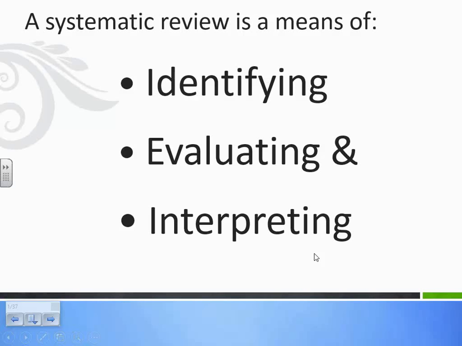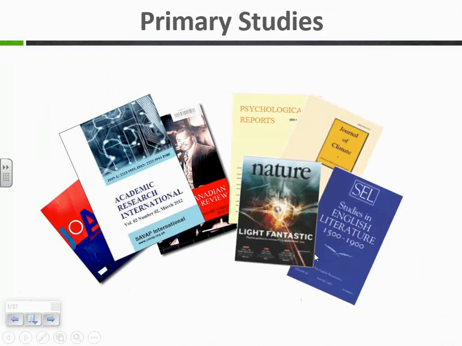Individual studies contributing to a systematic literature review are called primary studies. And the systematic literature review, once you've conducted it, is actually considered to be a secondary study, because you're looking at the primary studies. It is important to include primary studies of academic quality.